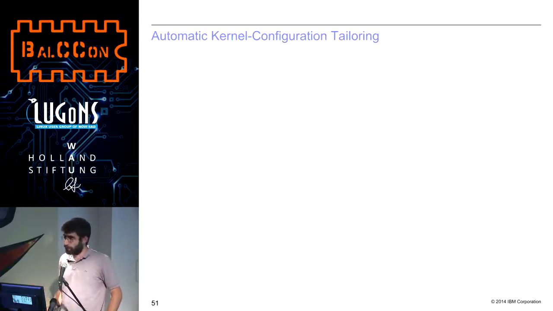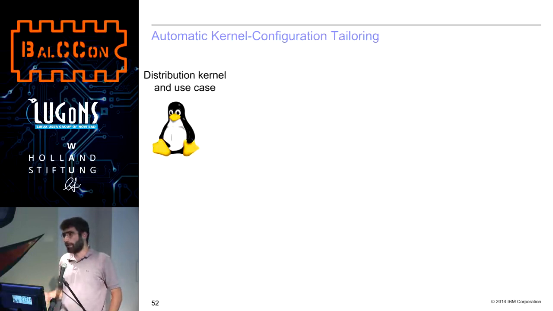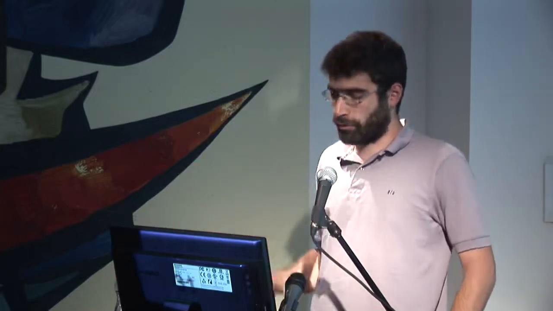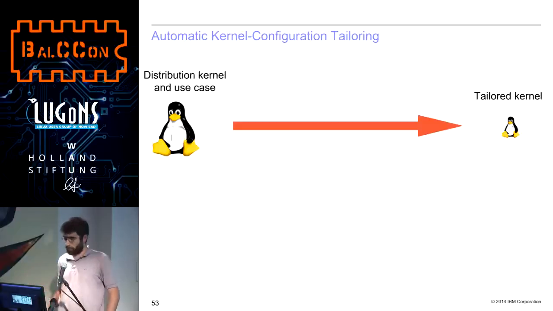What that means is that you need to know, and that's very important, you need to know in advance what your workload and use case will be. So what hardware you will be using that kernel for, can be also a virtual machine, and what you will be running with that kernel. So that's basically the assumption we make there. Once you know that, we want to obtain a tailored kernel for that use case.